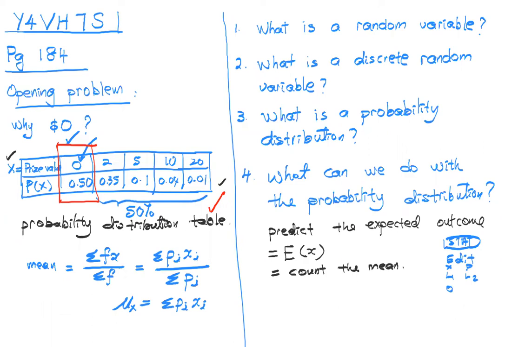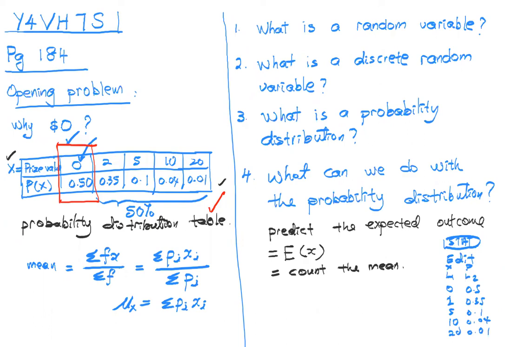Okay, 0, 1, 2, 5, 10, 20. And 0.5, 0.35, 0.1, 0.04, and 0.01. Okay.